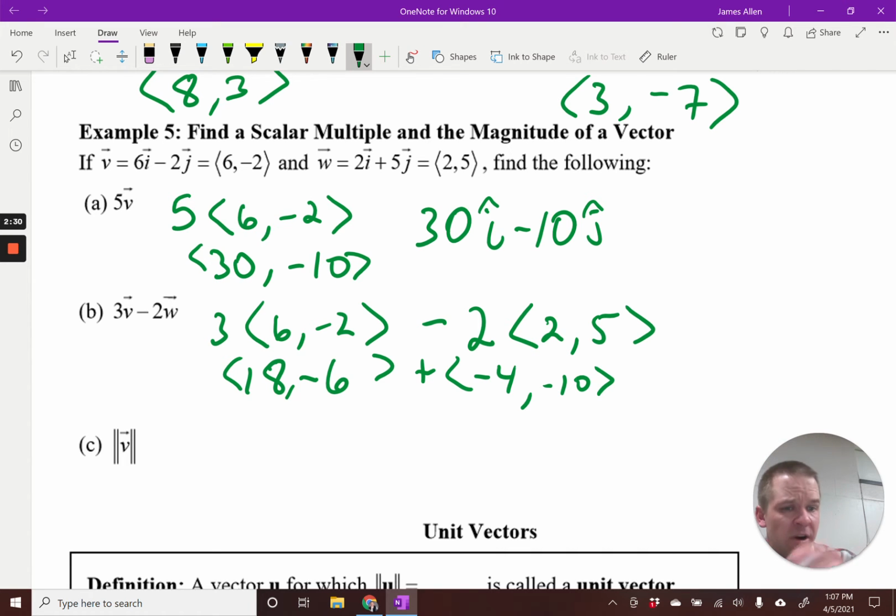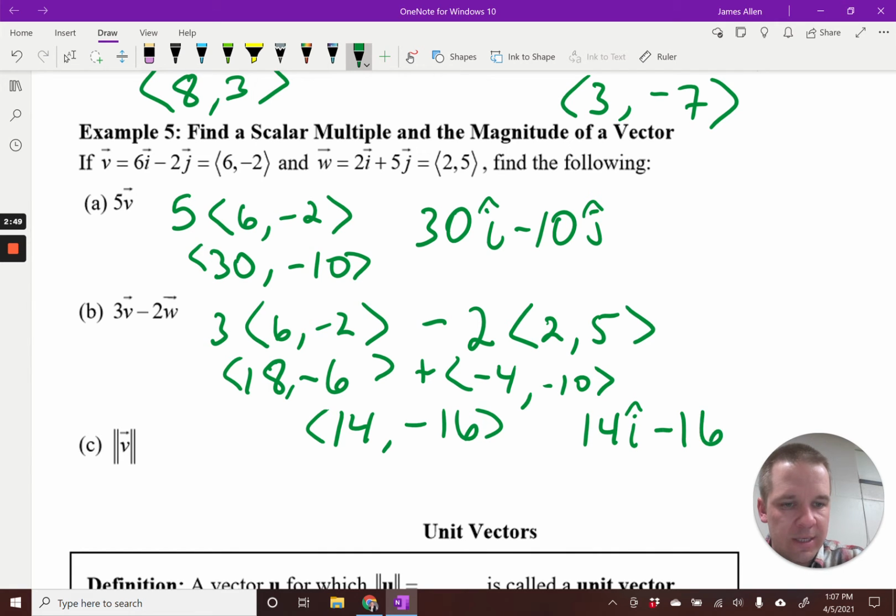I've already taken care of the negative. That's why it's now addition there, right? And then I would add those. I'll get 14 and negative 16. And again, you could write that as 14 i hat minus 16 j hat.